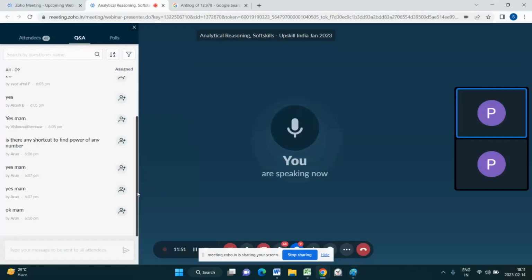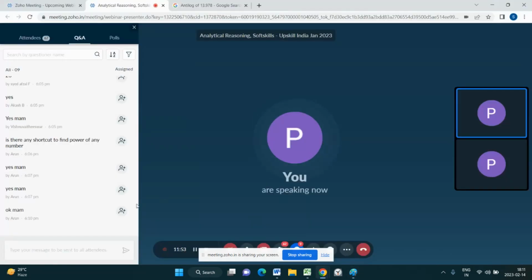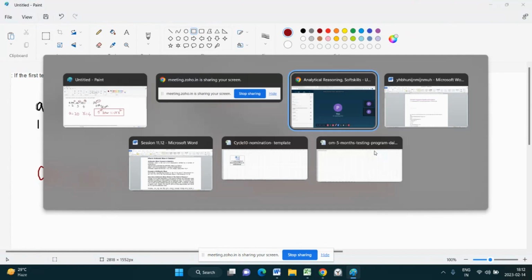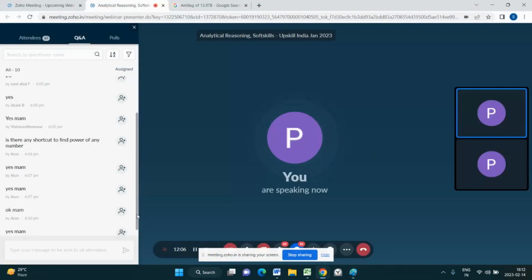Children, do you understand this fifth term? Nth term is AR to the power n minus 1. So fifth term is AR to the power 5 minus 1, which is 4. Agreed? Correct? Good. Very good.